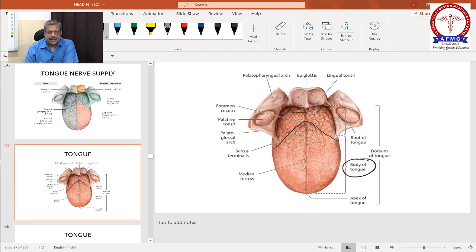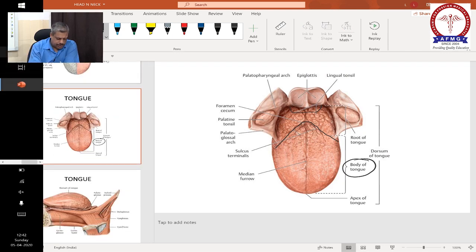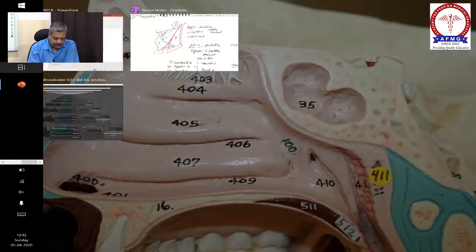This body of the tongue has two surfaces, the superior surface and inferior surface. So we are seeing the superior surface. The root of the tongue has only the superior surface, and the posterior most part of the tongue is known as the vallecula. So our next heading is the tongue.